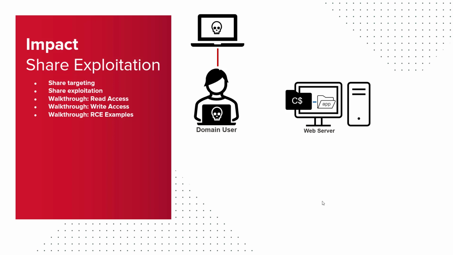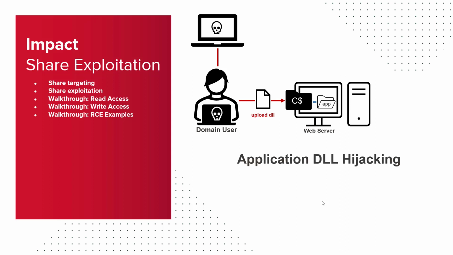So once an attacker comes into the environment, if they see that $ sign share available, they see it as an immediate opportunity to get code execution on the remote system. And the first and most popular way is through DLL hijacking.